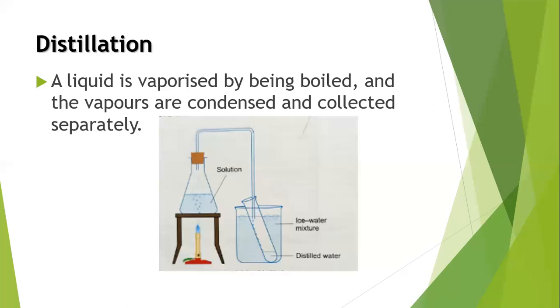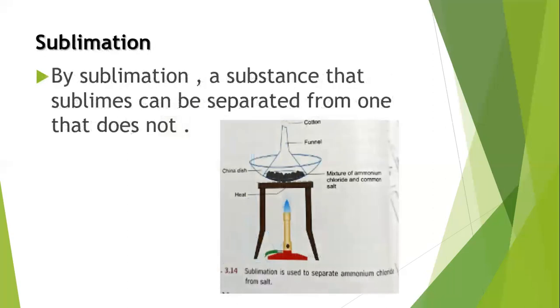Now the next is sublimation. Generally, on being heated, a solid first melts and then vaporizes. But there are many solids like ammonium chloride, iodine, naphthalene, and camphor that vaporize without melting.